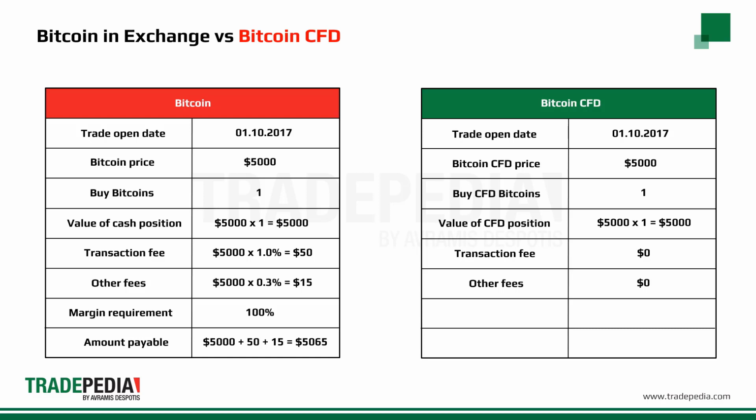In this example, the margin requirement is 20%. So, in this case, the total amount payable is $5,000 times 20%, which equals $1,000. The following becomes evident after opening the position. Trading the CFD Bitcoin requires less margin, meaning less money in your account for the same transaction. Transaction costs are less, giving the investor more room to profit from the position.